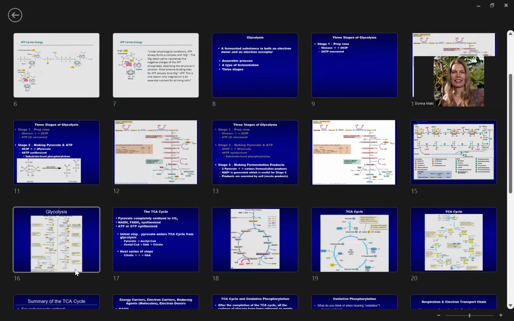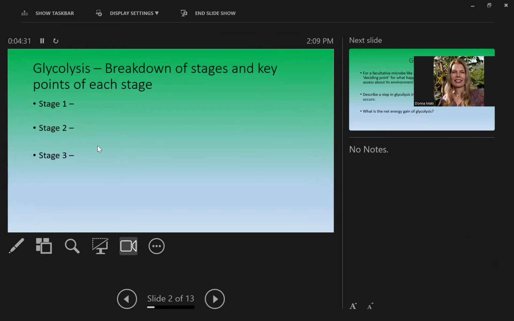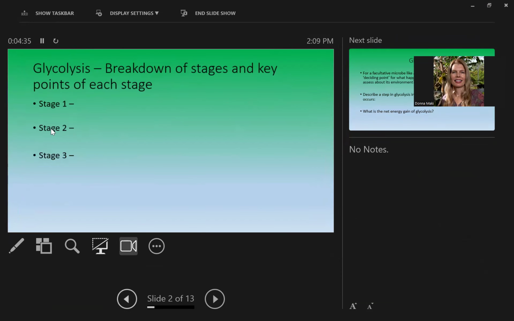Let me go back. Okay, so stage 2, we have ATP being made, NADH being made, and we end up with pyruvate.